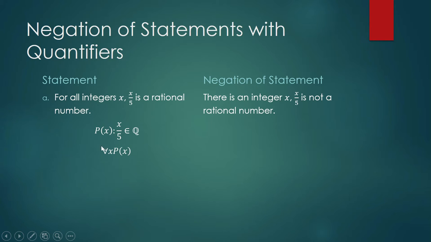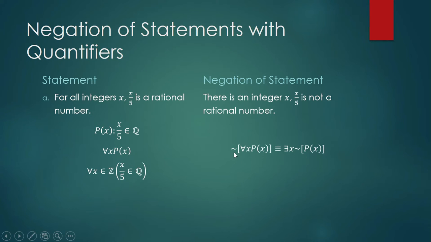So this is read: for all integer x, x over 5 is a rational number. This is in symbolic logic form. If we were to write that in our math sentence form, for all integer x, x over 5 is a rational number. Okay, so let us negate that, but we shall use symbolic logic.